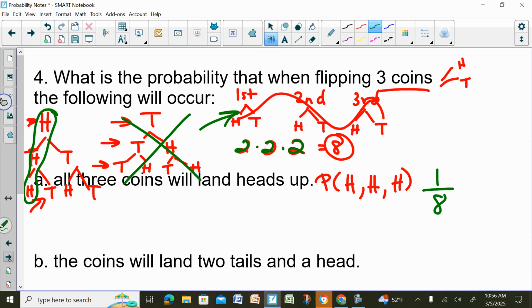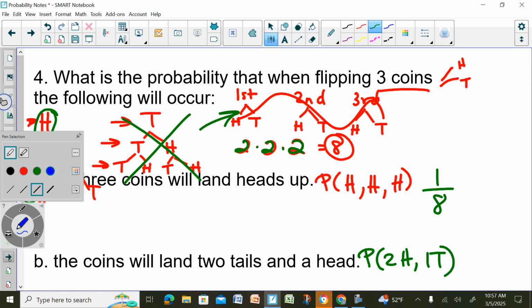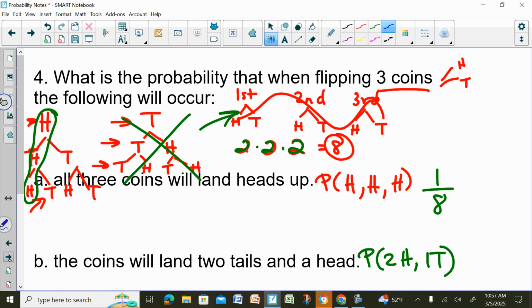The coins will land 2 heads and a tail. Doesn't say what particular order. So probability of 2 heads, 1 tail. So when we look at that information, we are looking at any one of these combinations where there's 2 heads and a tail. So that would be 1, and then 2 in that one, 3 right there.